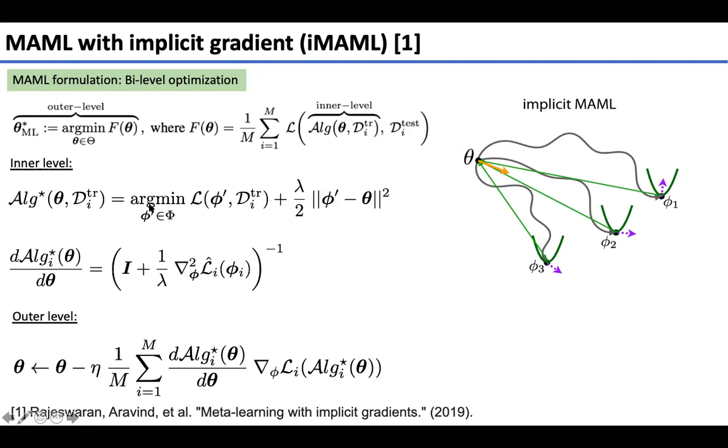Given that the optimal solution of this problem is the one that drives the gradient to 0, taking the gradient to 0, we end up with a closed form expression for d phi by d theta. But again, there's another problem here: this expression involves matrix inversion, and that's another issue for implicit MAML.